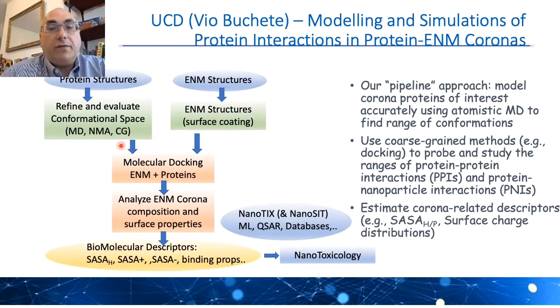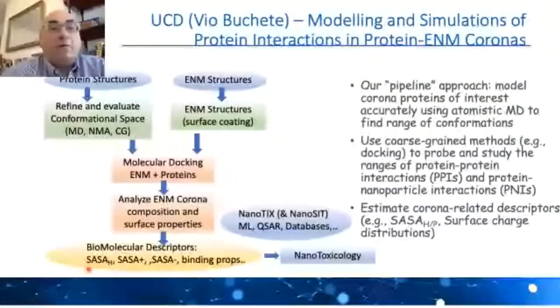And one way to achieve that, so there are several ways one can go about it, is to use molecular docking and generate a broad range of hopefully representative models of proteins covering nanomaterials. So after the docking step, we want to analyze and use this broad range of models of coronas that we are generating to calculate biomolecular descriptors such as the hydrophobic fraction of the solvent accessible surface area.